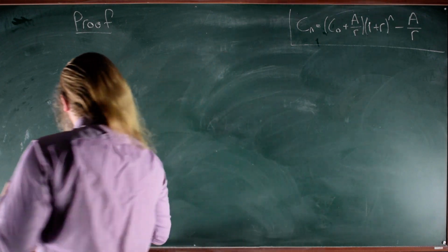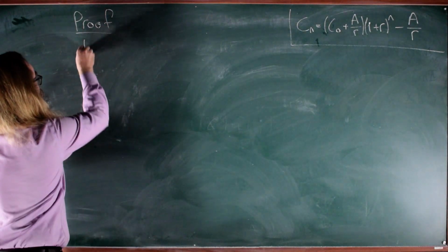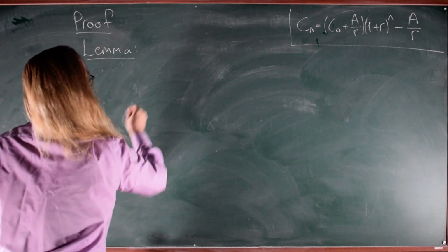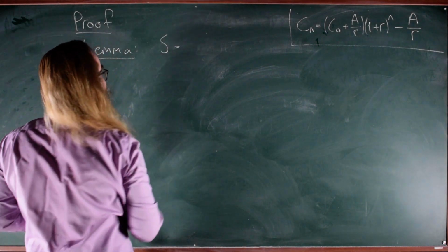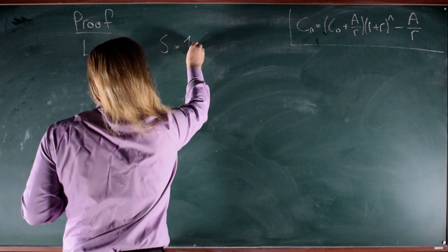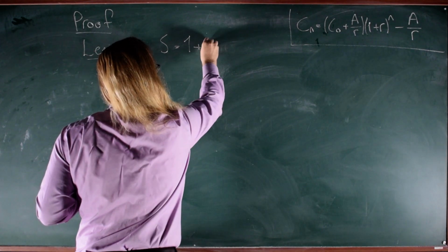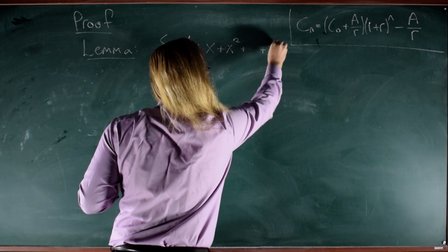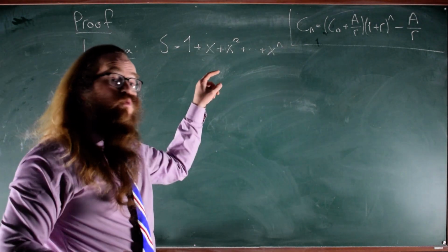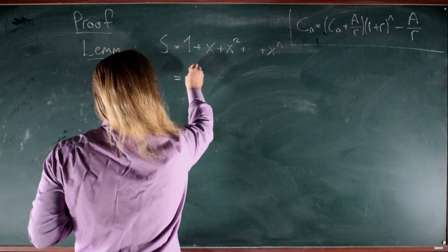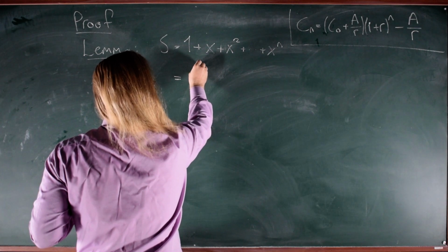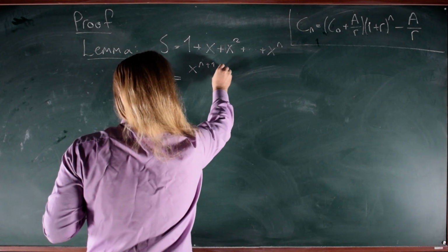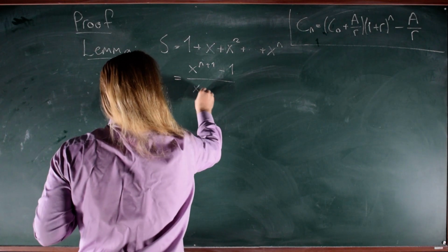A geometric series says that if I have a sum which consists of consecutive powers of some number, I can actually write this sum as x to the power of n plus 1 minus 1, divided by x minus 1.